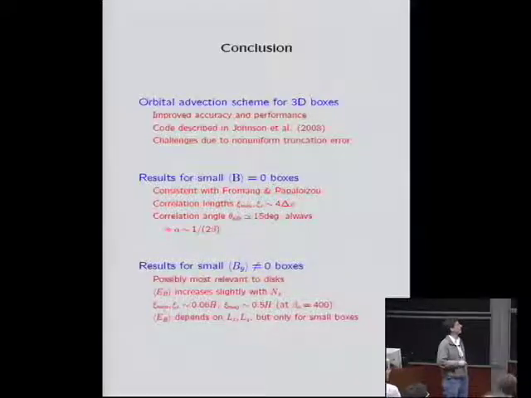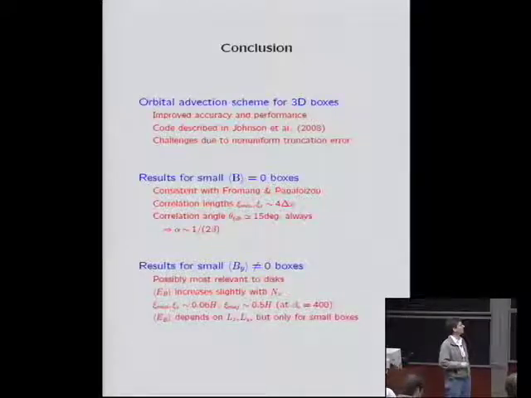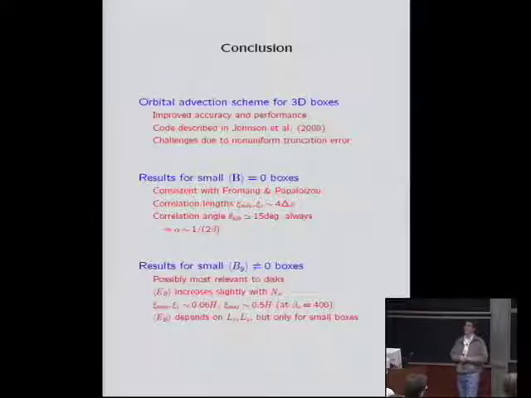We've got a paper out describing the scheme, but it still presents challenges due to the non-uniformity of the truncation error. We have some results for small zero mean field boxes, and we're consistent with Fromang and Papaloizou. We've looked at these correlation lengths.